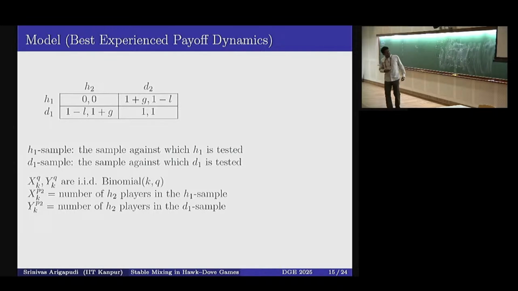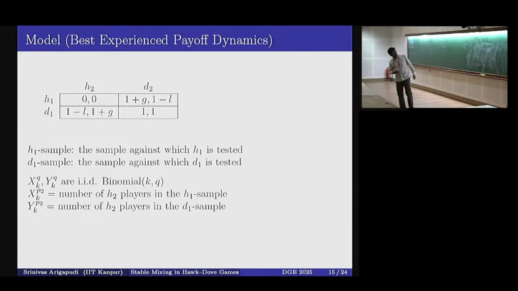And similarly, y_k will be the number of, sorry, again there is a typo. I fixed the typo, but the slides did not fix it. Anyways, this is the number of D2 players in the D1 sample.